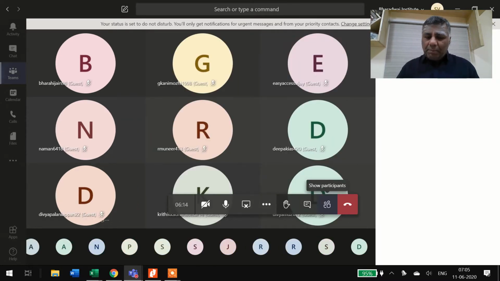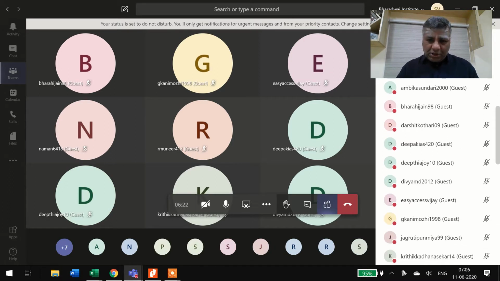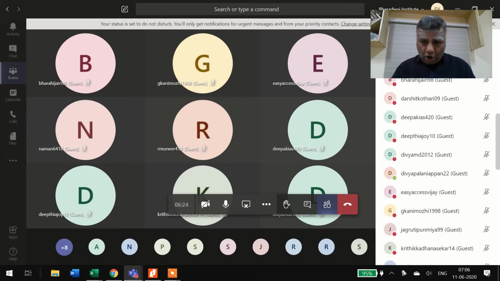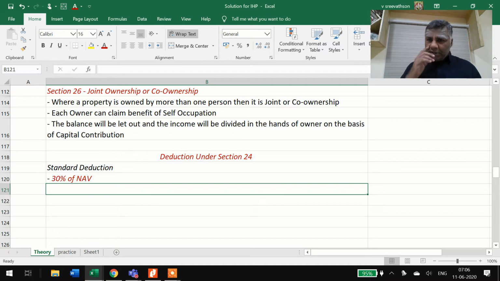No other computation I need to make. Standard deduction is 30% of NAV.